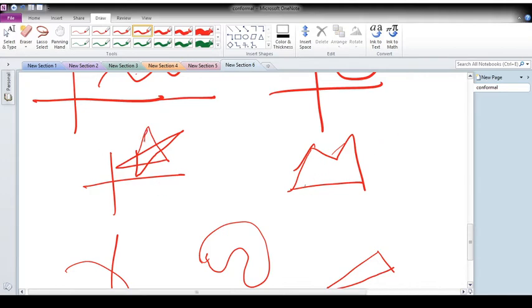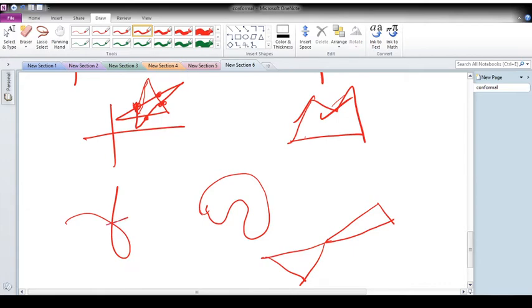Here these are intersected. This point is an intersection, this is an intersection. So this is not a simple curve. This is a simple curve. This also has an intersection, so this is not simple. This also has an intersection.